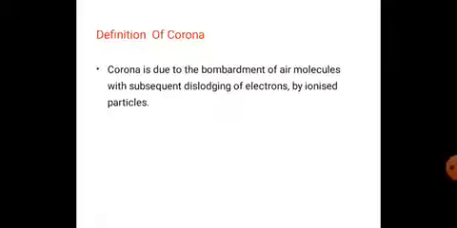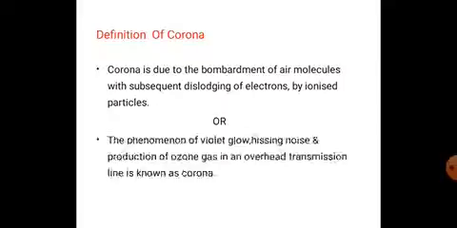Corona is due to the bombardment of air molecules with subsequent dislodging of electrons by ionized particles, or the phenomenon of violet glow, hissing noise, and production of ozone gas in an overhead transmission line is known as corona. So here are the two definitions.